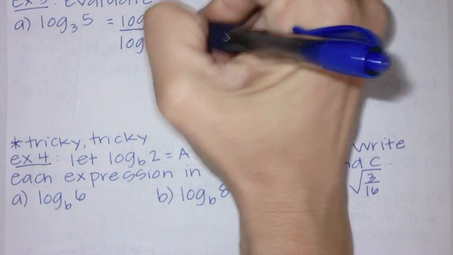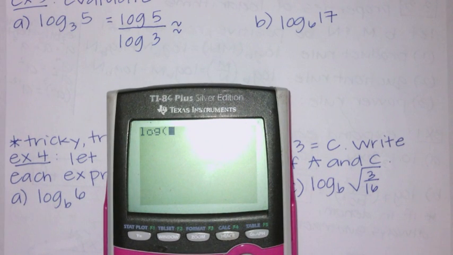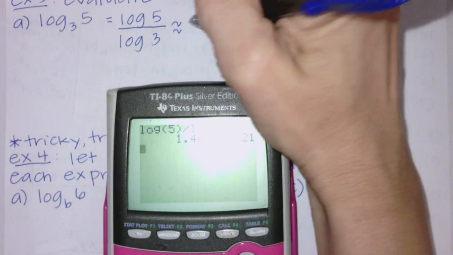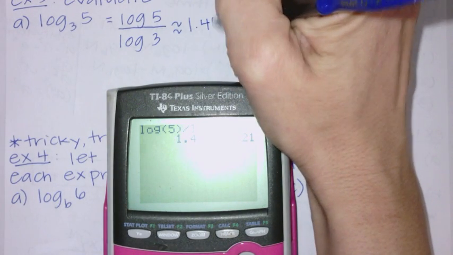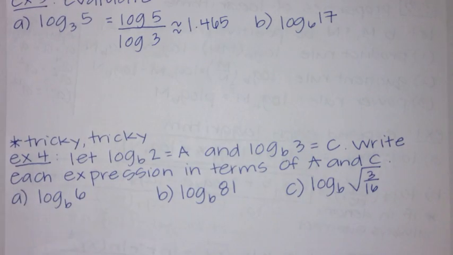And then we're going to round to 3 decimal places. So here's the calculator. Log, so this is log base 10 of 5, close out your parentheses and divide it by log base 10 of 3. And we get approximately 1.465.